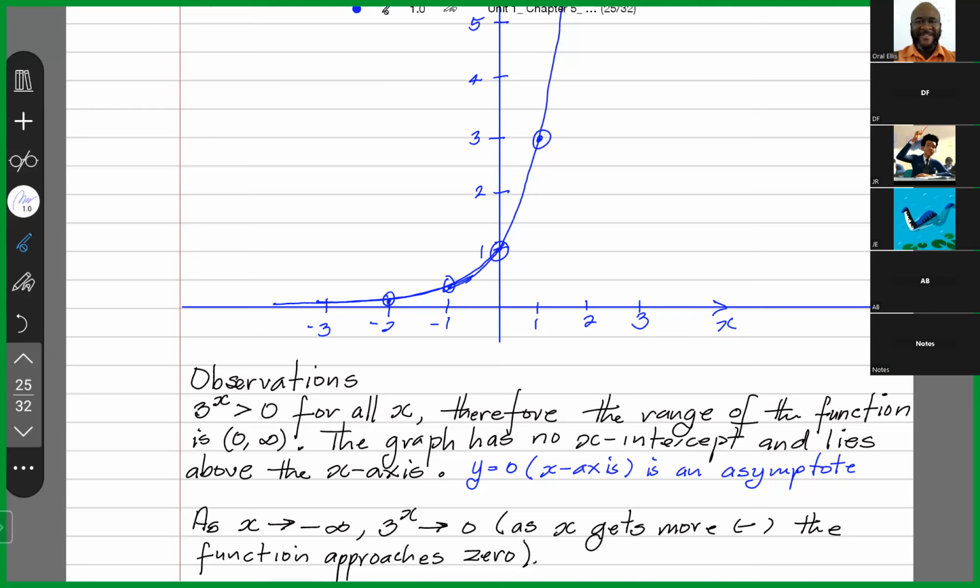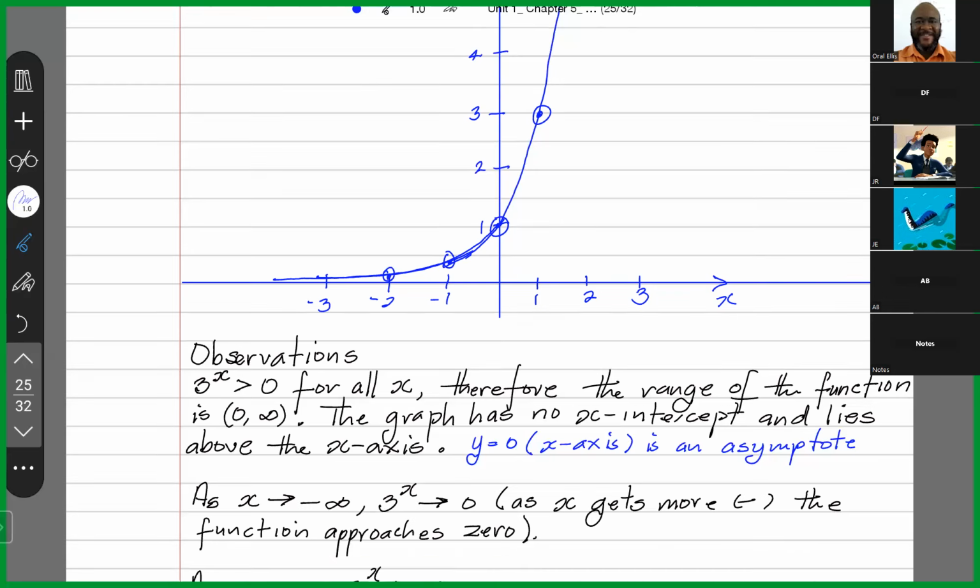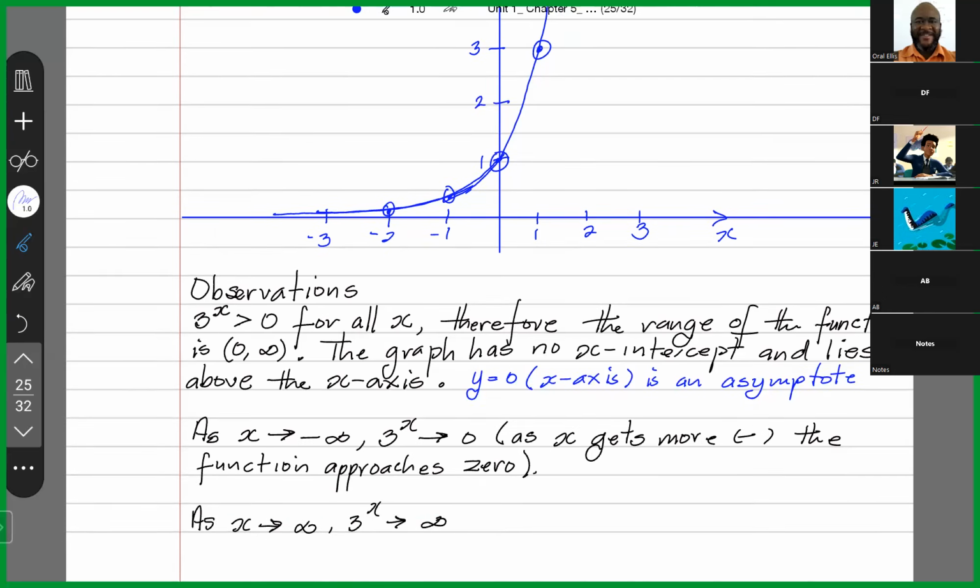Now, as x approaches negative infinity, f of x approaches 0.